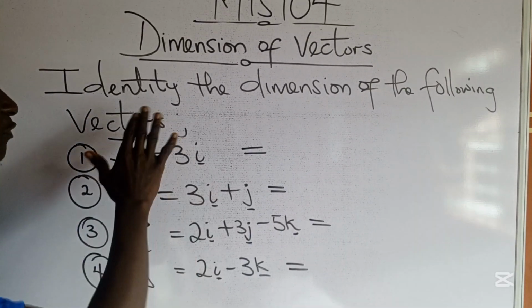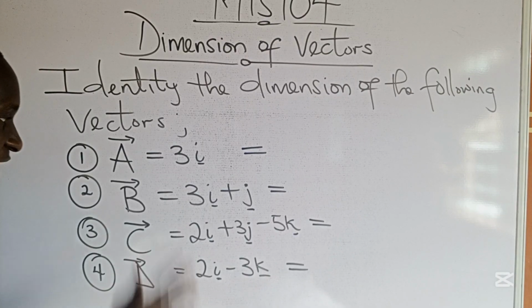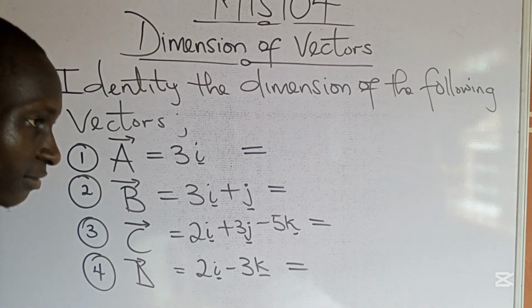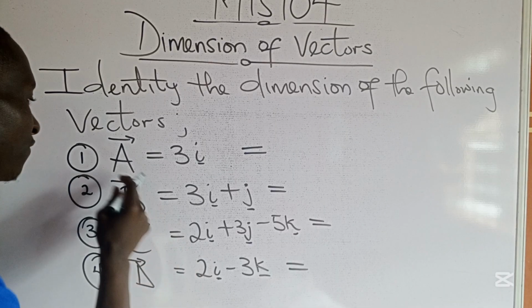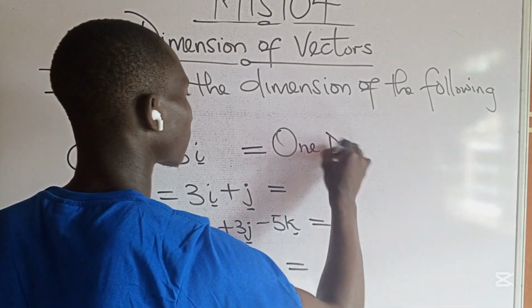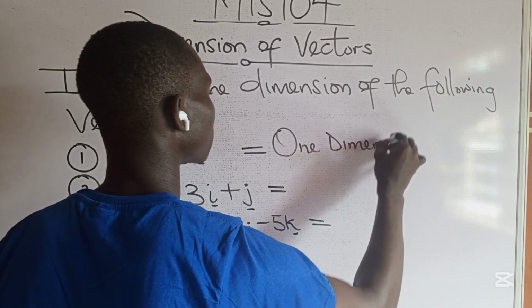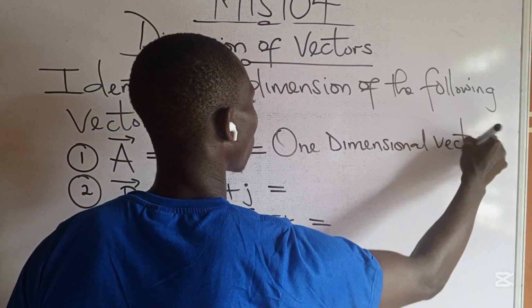Now, the question says identify the dimension of the following vectors. Now, vector A is what? You can pause the video and tell the answer. Now, vector A is a one-dimensional vector, right? Why?